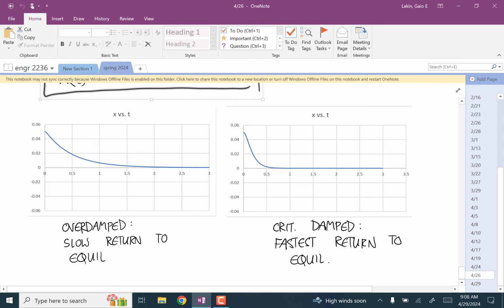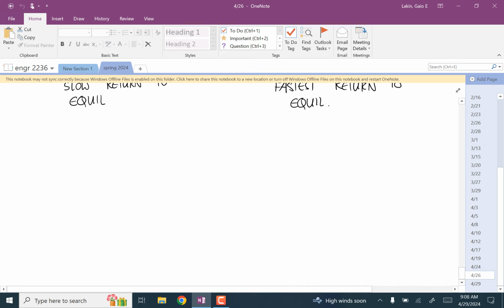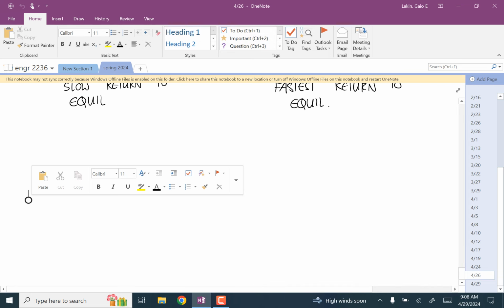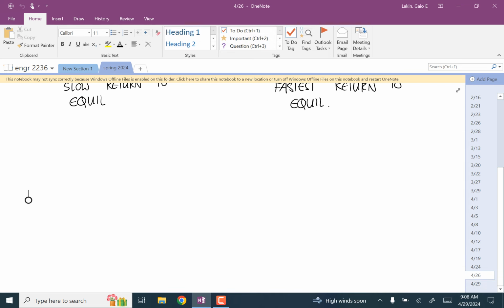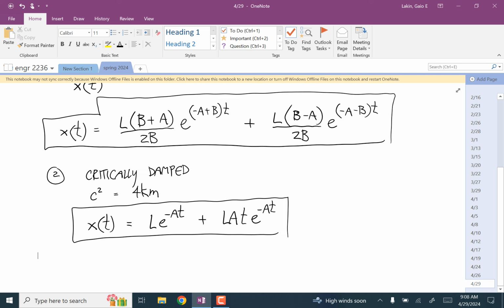But you can see that the overdamped case is really smoothed out, and it takes a long time compared to the other case to get back to equilibrium. The critically damped case is back at equilibrium pretty quickly. So now we're going on to the one that's mathematically the most interesting, although practically speaking, critically damped is really the key one.